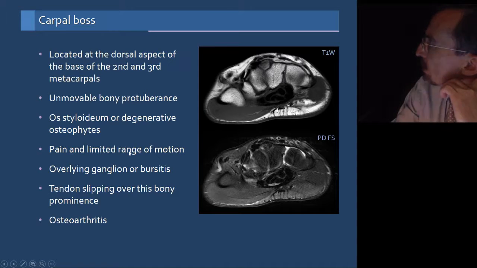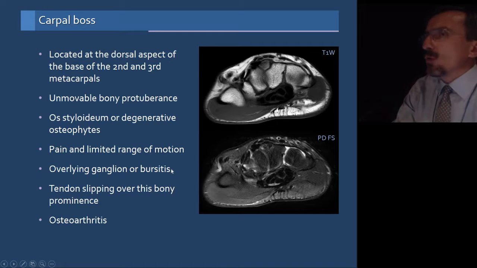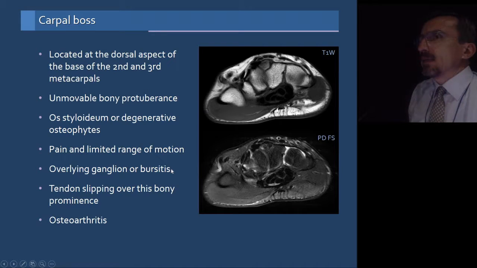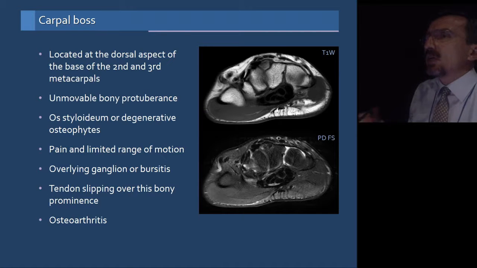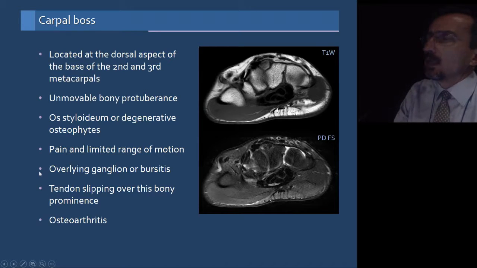So the patients would usually have pain and limited range of motion. One thing that is important to know is there could be overlying ganglion or bursitis. As you know, whenever we see ganglia in the musculoskeletal system, we are reminded that there had been some strain, some overuse of this particular joint there.